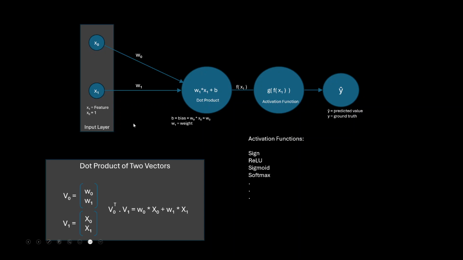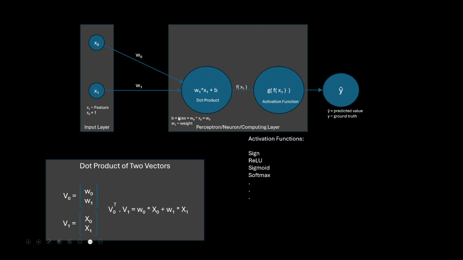In machine learning literature, the input data is also called the input layer. These computational units together are really the perceptron or the artificial neuron doing these computations.